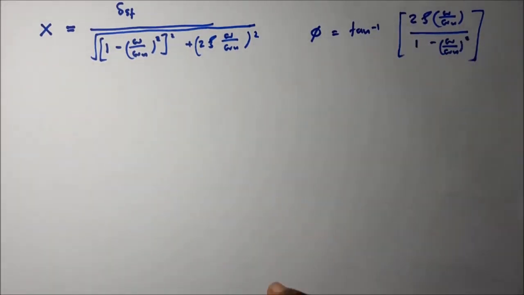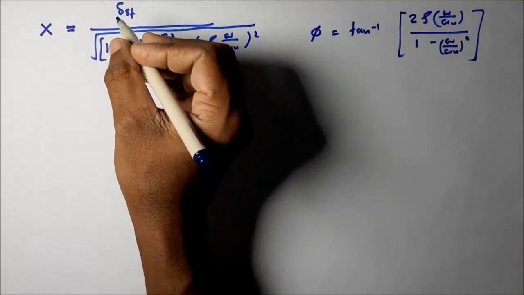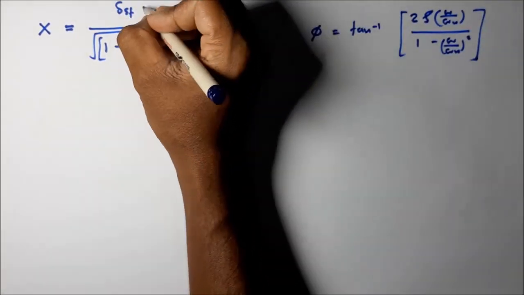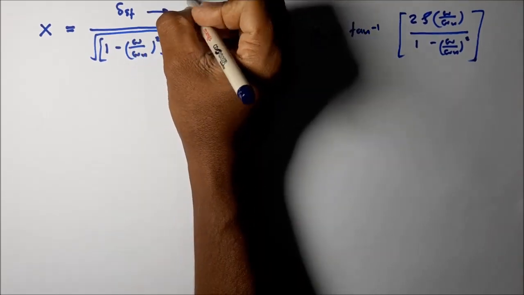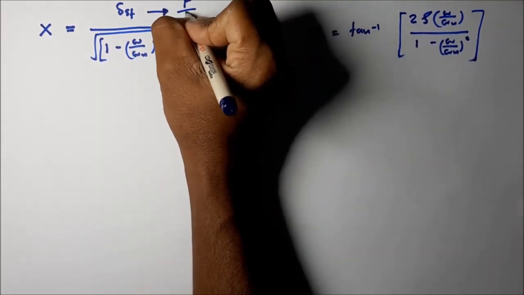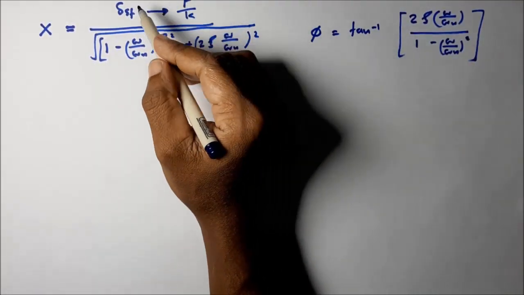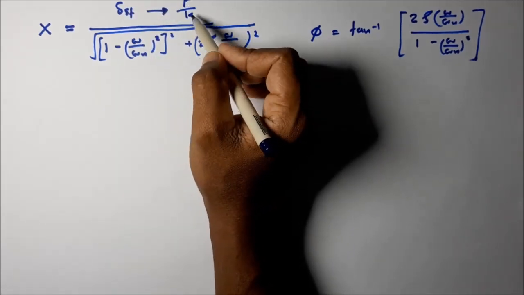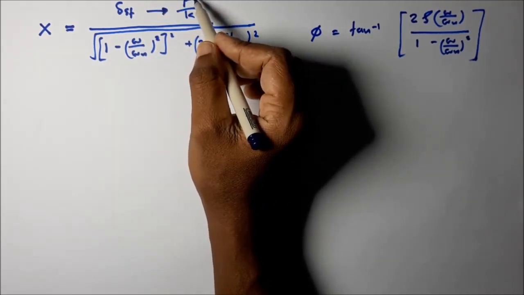Then by looking at these two X and phi values, we can obtain the equation for our rotary unbalanced mass system. How to obtain it? Delta st is called static deflection, which is equal to F divided by K. We just want to substitute this F and K. F is the magnitude of the excitation force.